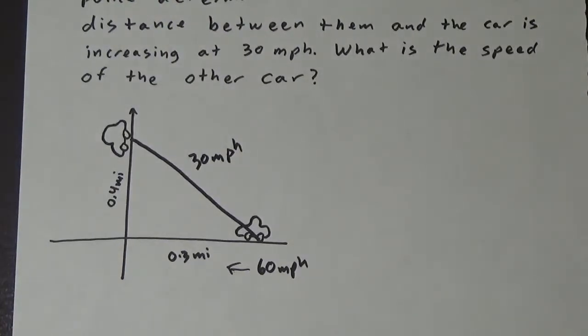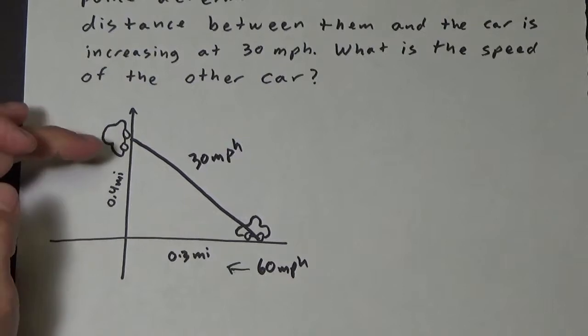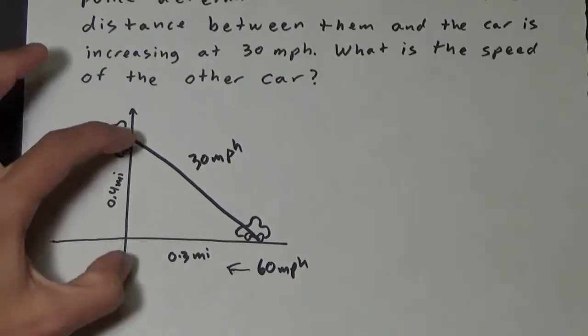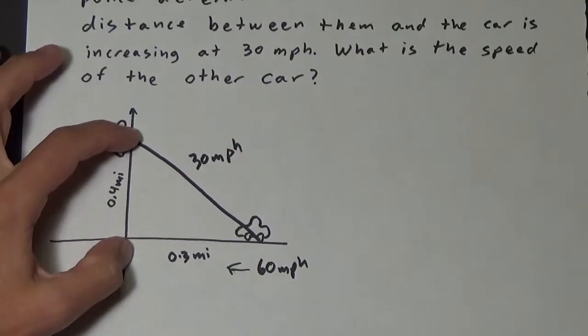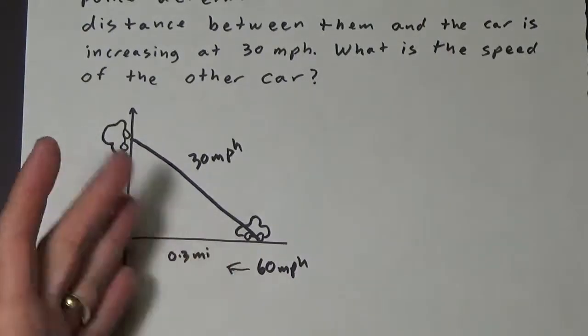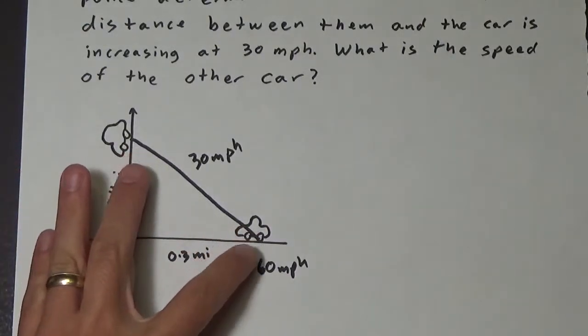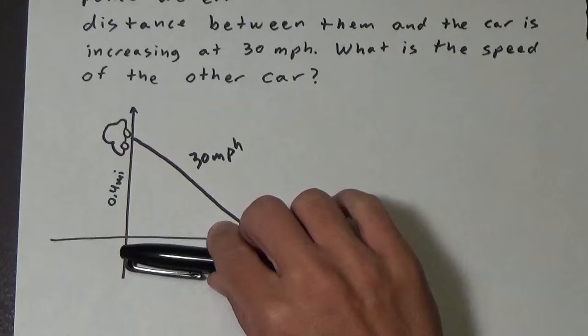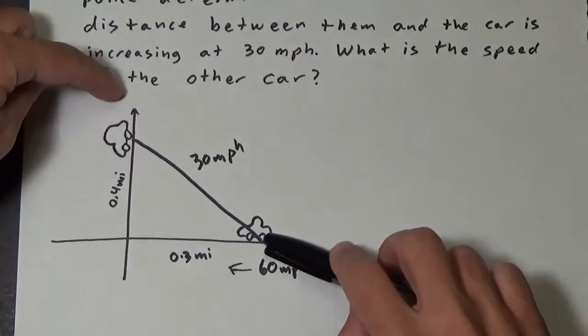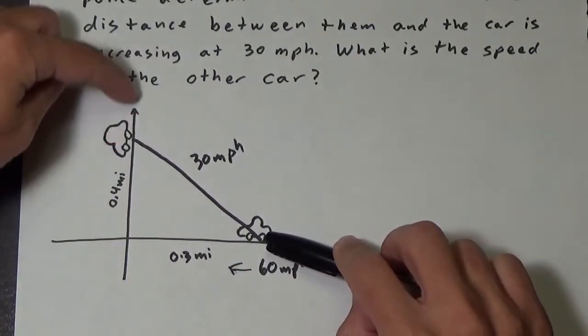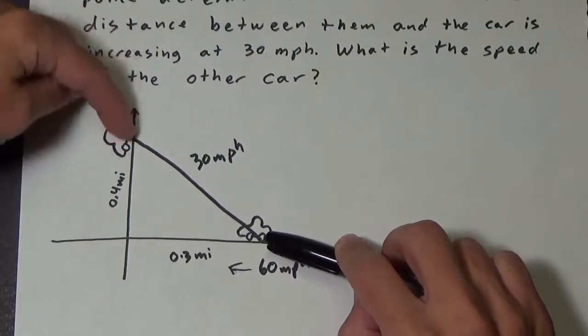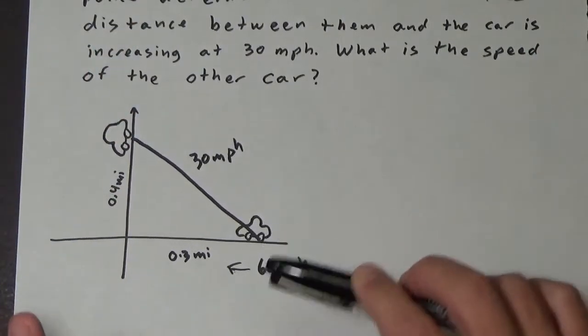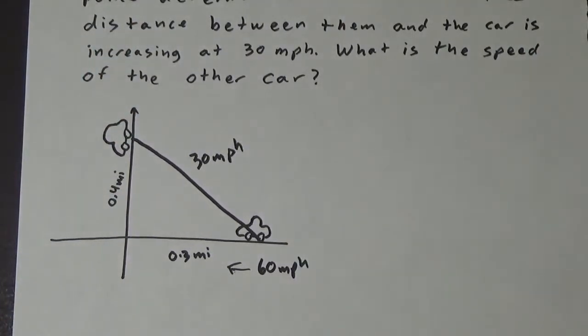Now at this moment, we actually don't know if this car is going north or south. We just know it's this distance away. We could probably use some logic: if the police car is going this way, and the distance between them is increasing at 30 miles per hour, the other car must be driving this way. But the math should show that when we're done.